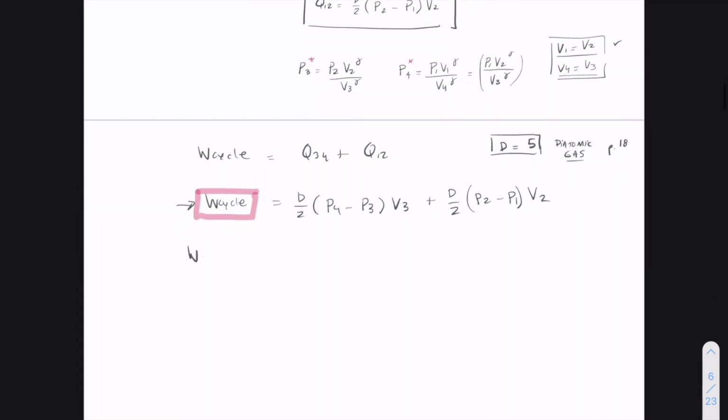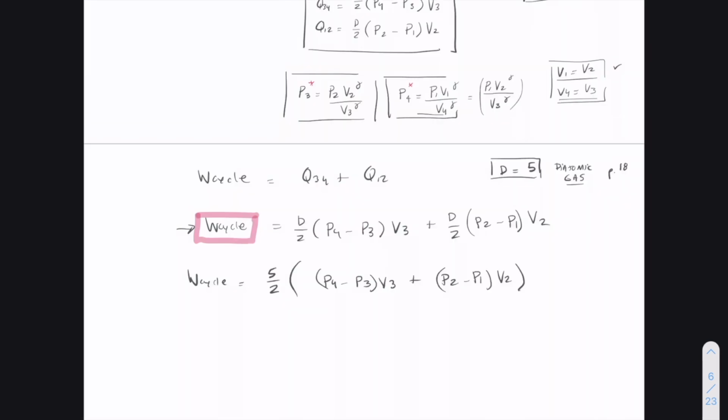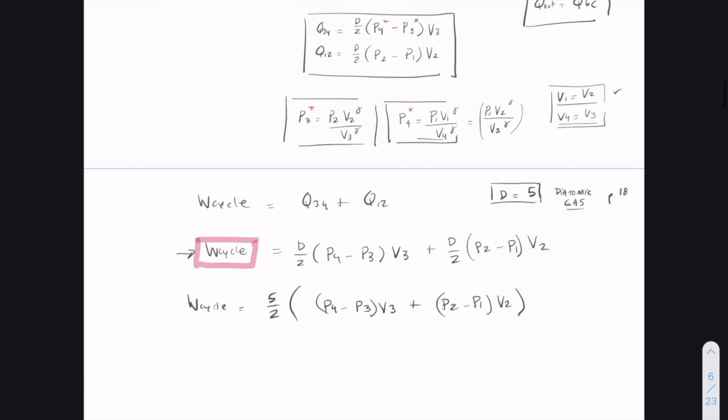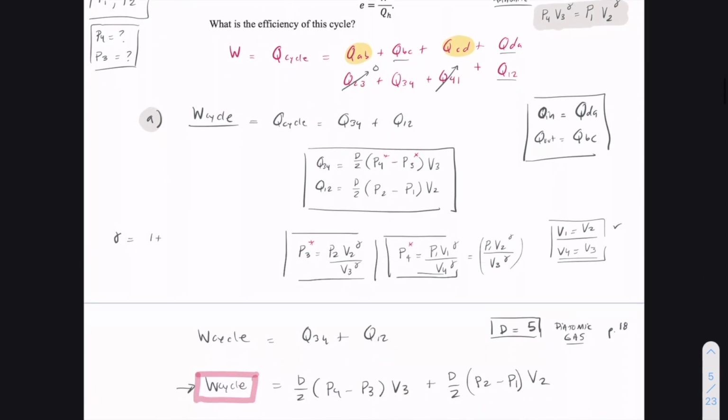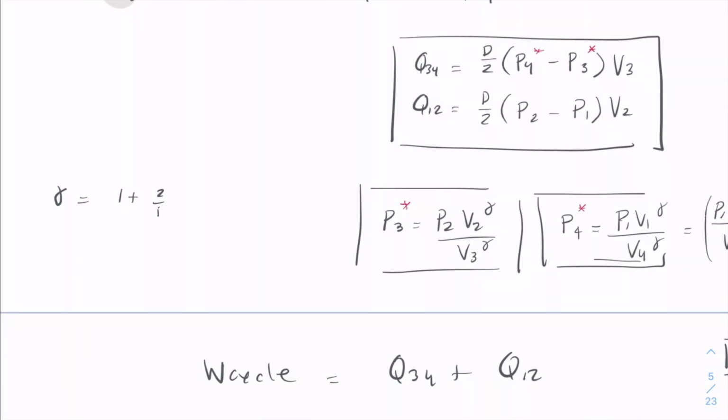So we're going to say W cycle is equal to 5 halves, and I'm just going to pull this out of the whole thing, P4 minus P over here. And we know that this gamma is equal to 1 plus 2 over d.